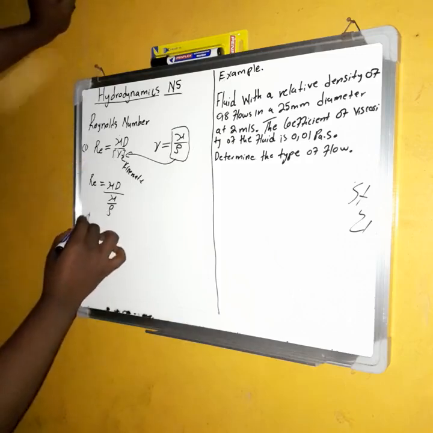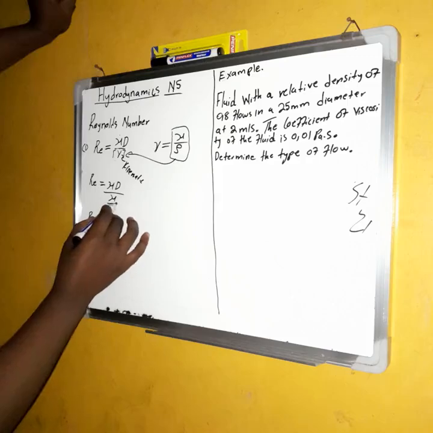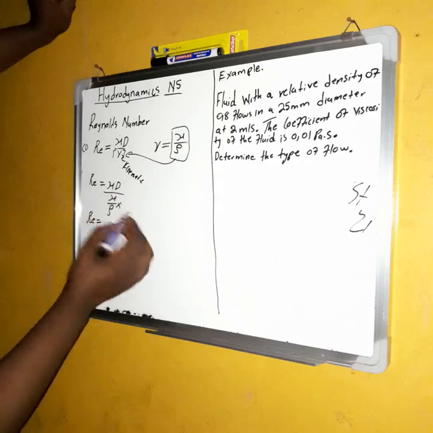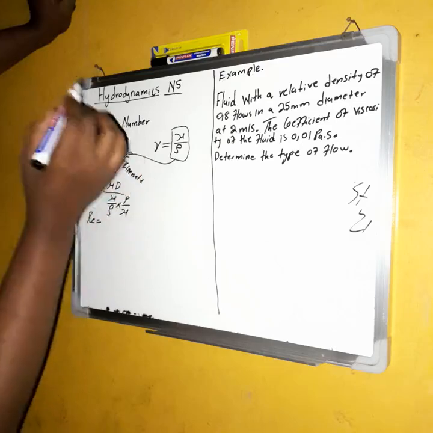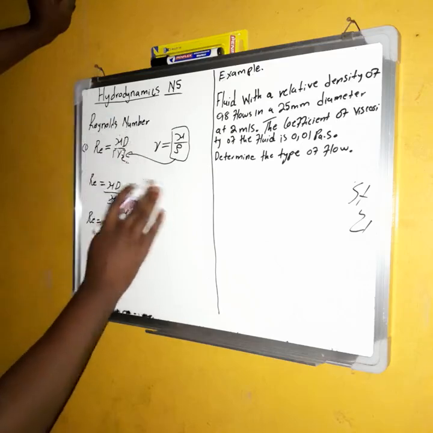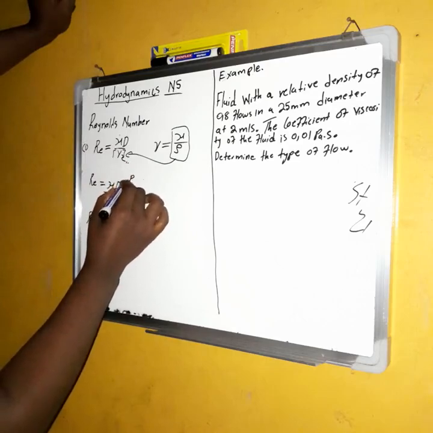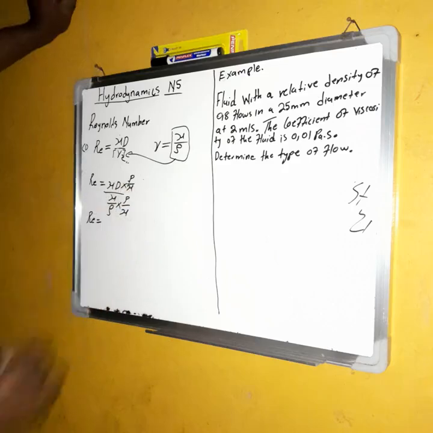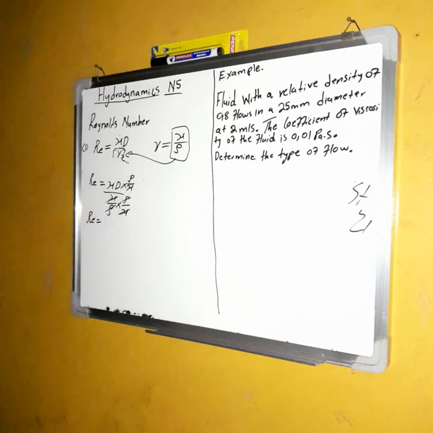If you do your maths there, you multiply the bottom and the top by density over coefficient. This and this will cancel, this and this will cancel.